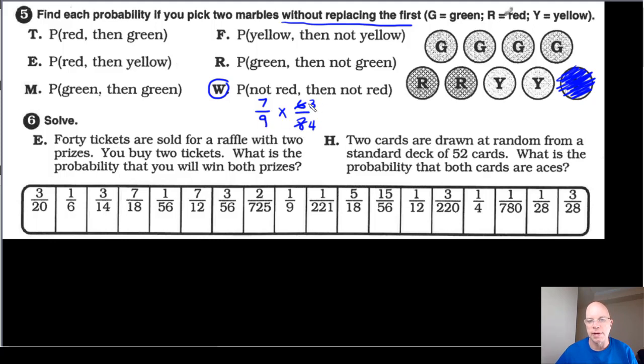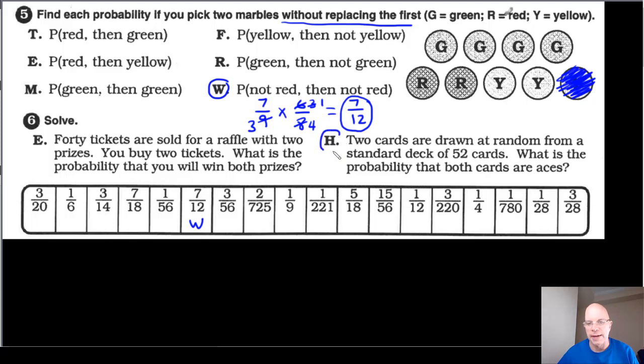And then this 3 in the numerator and the 9 in the denominator have a common factor of 3, so we can factor out the 3/3. 3 divided by 3 is 1, and 9 divided by 3 is 3. And then when we multiply, 7 times 1 is 7, and 3 times 4 is 12. And so the probability of selecting a non-red marble, not replacing it, and then selecting another non-red marble would be 7/12. I see the 7/12 right here, so I'll put a W underneath it.